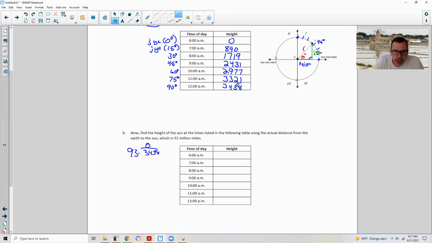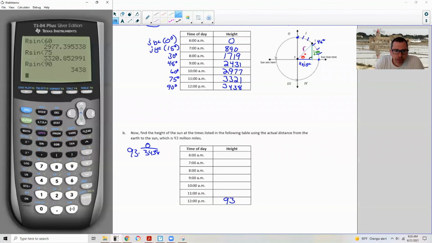Okay, because if we take this 3438 divided by 3438, we're going to get 1. Okay, and that'll give us the 93 million miles it is away when it's at its highest point in the sky. So if I just multiply all these values basically by 93, will that give me the right value?